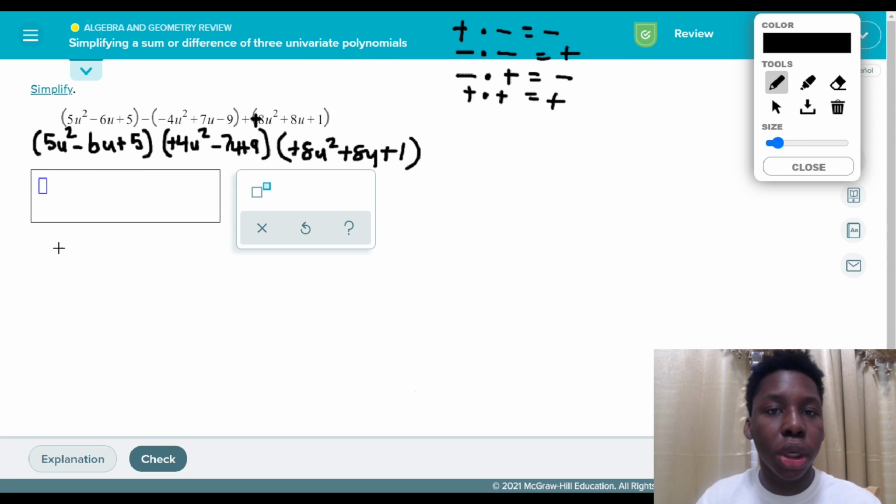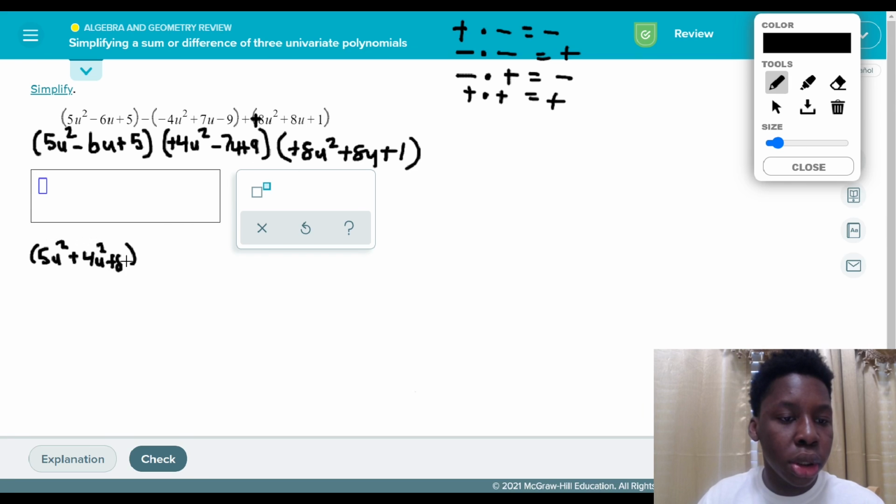Next step is to group the terms with the squared variables, the variables by themselves, and the numbers. We'll group 5u squared with 4u squared and 8u squared, and you get the gist. So let's create big parentheses. This will be 5u squared plus 4u squared plus 8u squared.